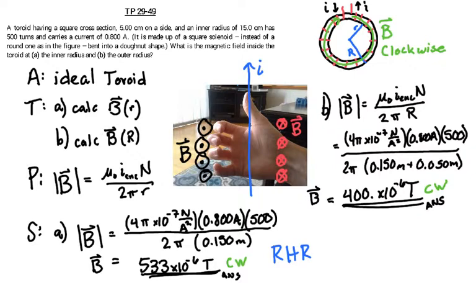Now the reason that the strength of the magnetic field is different on the inside than on the outside is because in a long straight solenoid or coil, which is a solenoid, we have a uniform magnetic field on the inside.